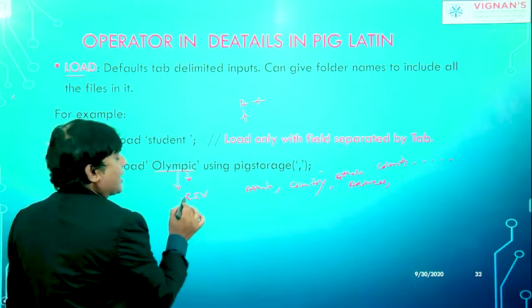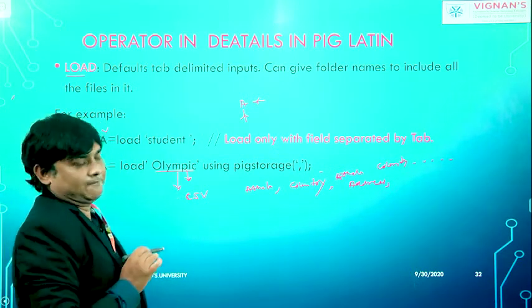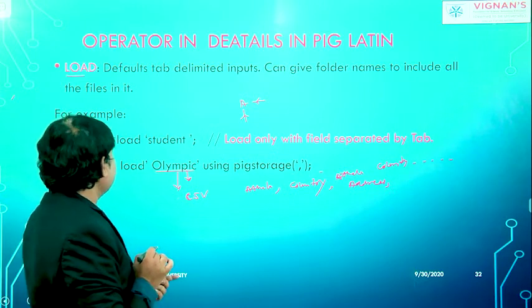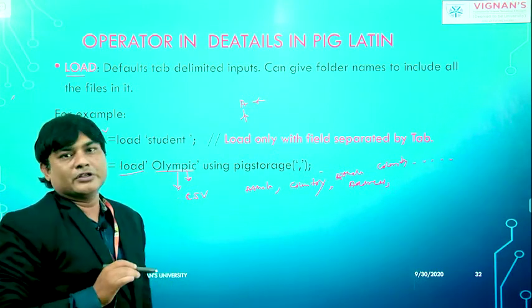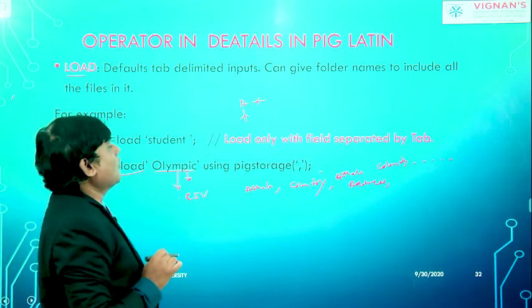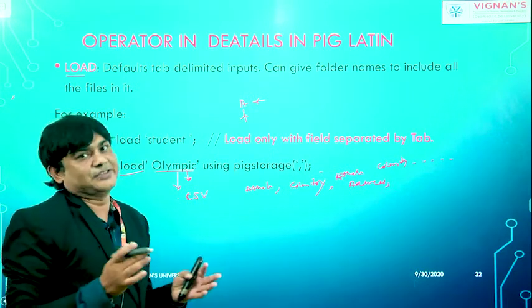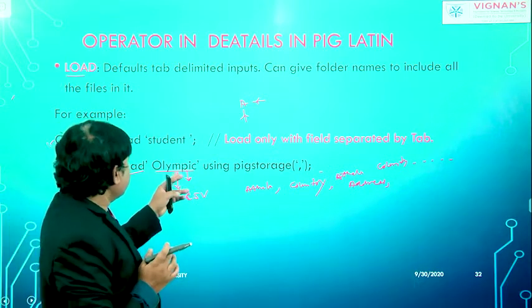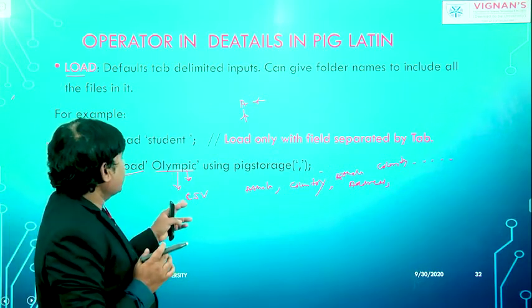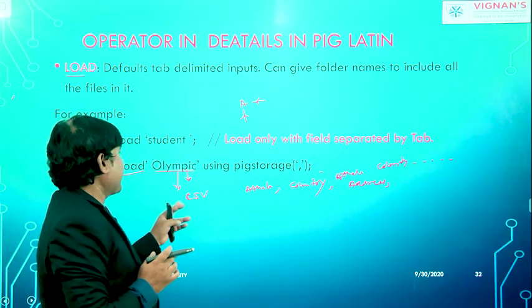It means it is a comma separated values file. And we know that load has a default, which means it only expects tab spaces. But here we are getting this file in the form of comma separated values.